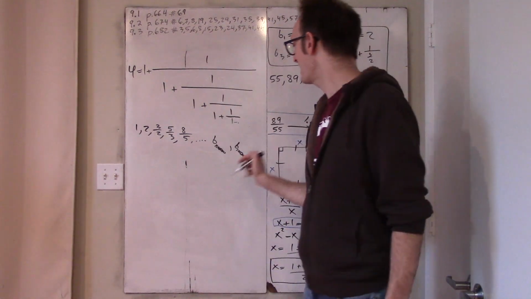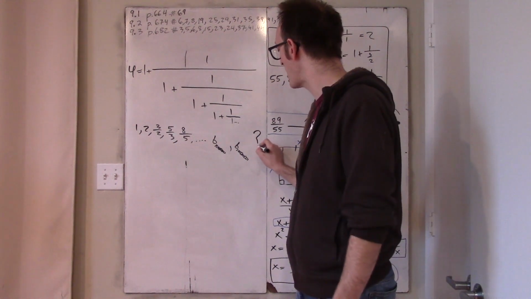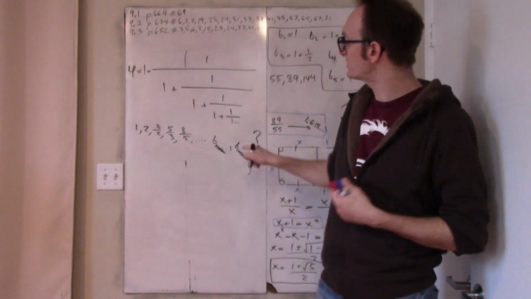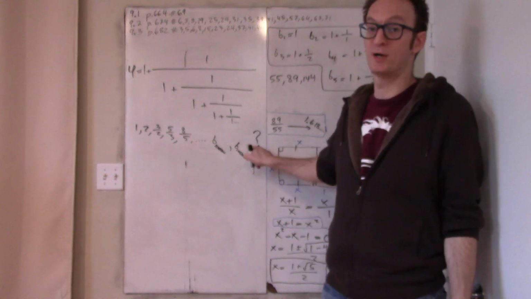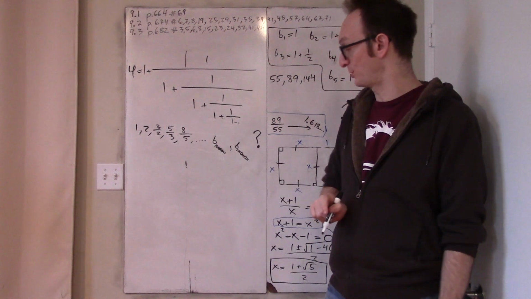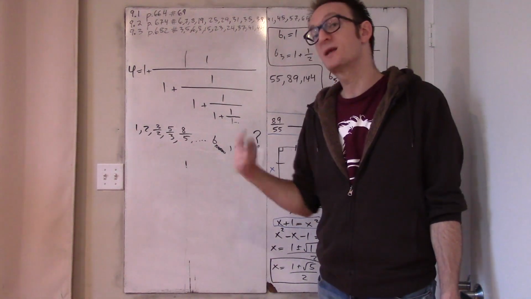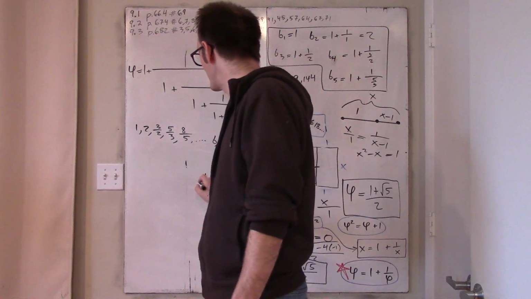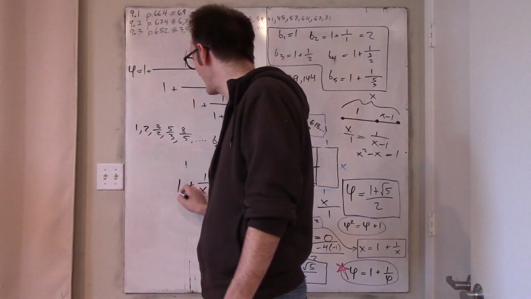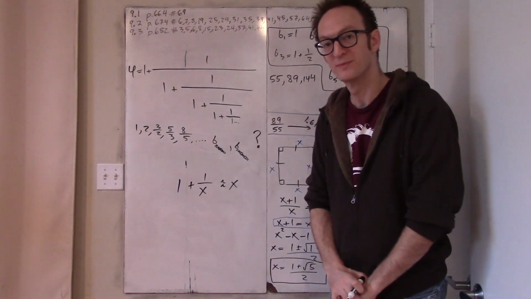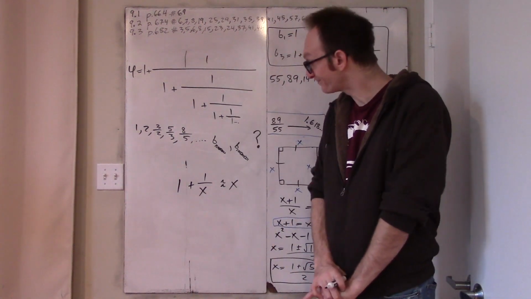In other words, going about this in a roundabout way, if I wanted to know what is the number that this sequence is getting closer and closer to, what I need is a number which, when I perform the operation of reciprocating and adding 1, gives me back basically the same number.